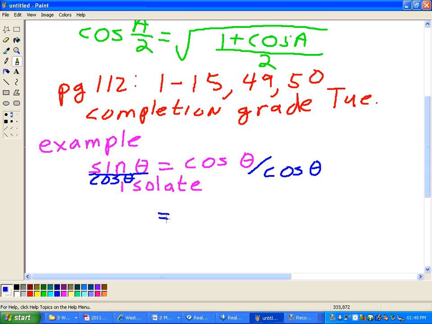When I do that, I recognize that the cosine divided by the cosine is 1. One of the identities that we knew is that the sine over the cosine is called a tangent.